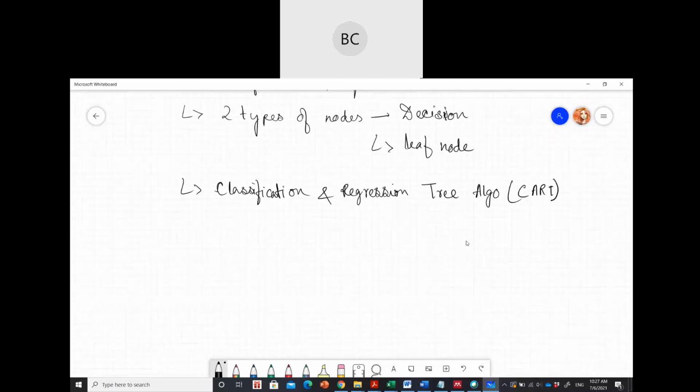different subtrees. Okay, so for example, you are going to have all your database in your root node. Suppose this is your root node. Here you are going to keep all the features or all the data you have. Then based on certain conditions, it's going to split into subtrees.